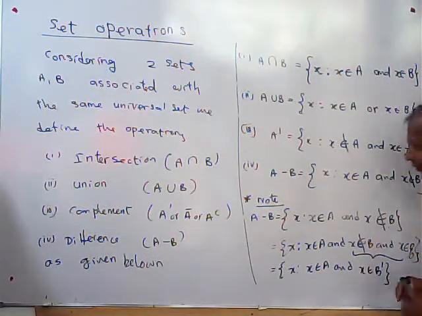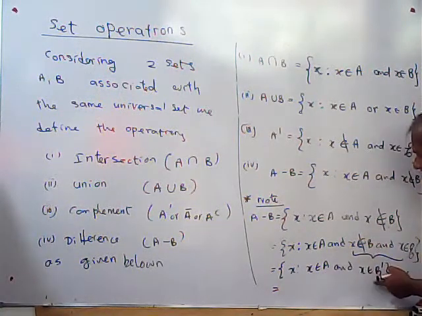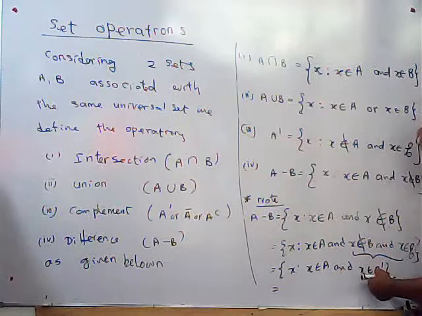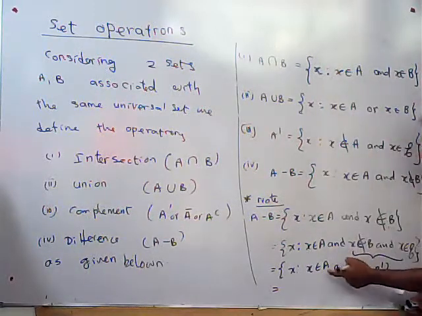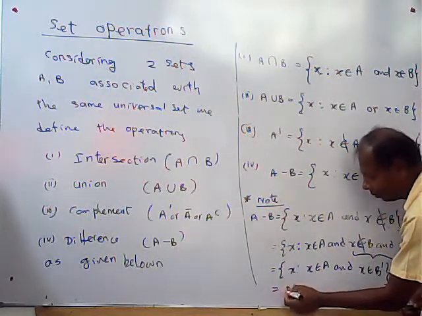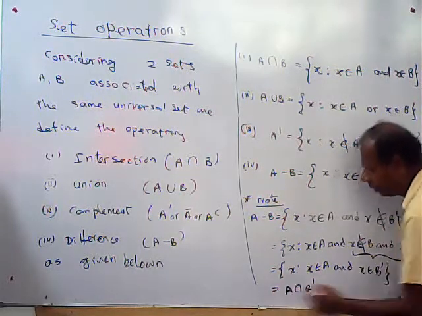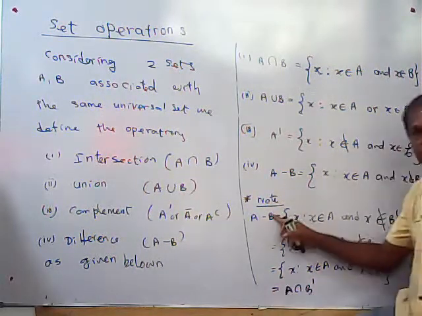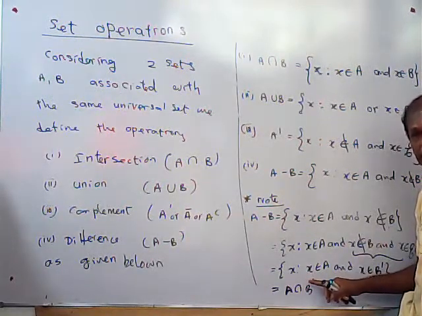So altogether, x is an element of A and x an element of B dash, which by the first definition of intersection is the intersection of A and B dash. This is again a very important thing in probability theory: A minus B or A intersection B dash mean the same, right?